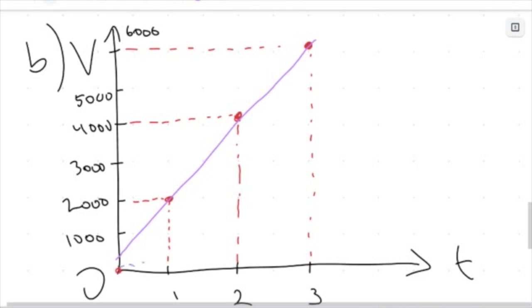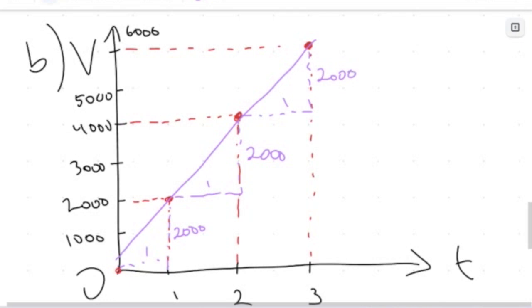As I go up by 1 in my time, I go up by 2,000 in my volume. As another hour passes, I go up another 2,000 liters.